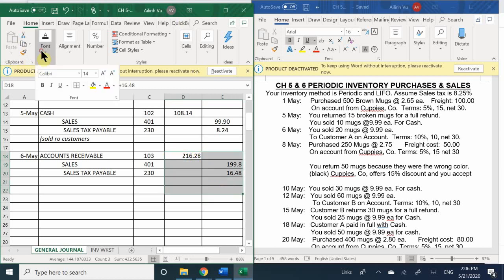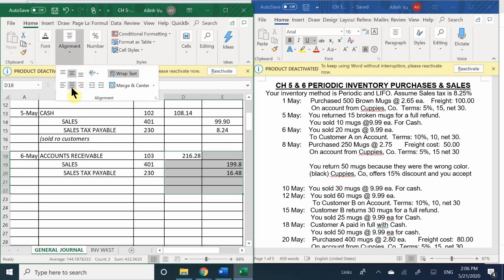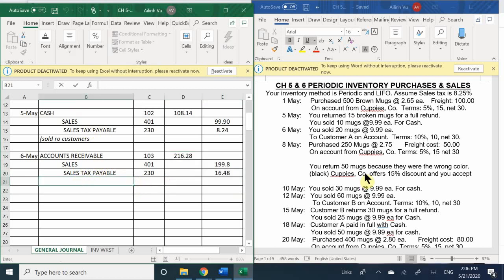And then let me just go ahead and put this in the middle. All right, so what is our description? Company on that account, that's our vendor. Who did we sell to?